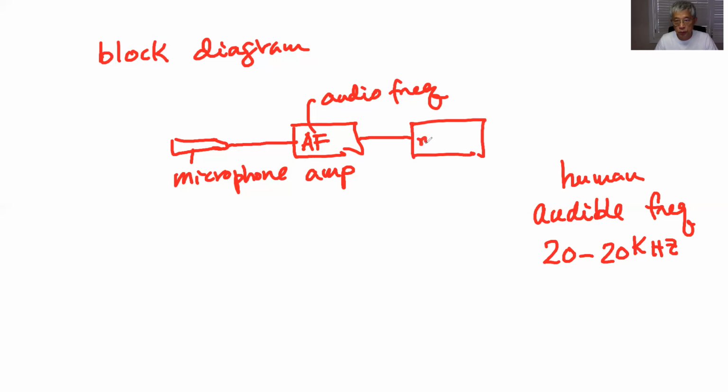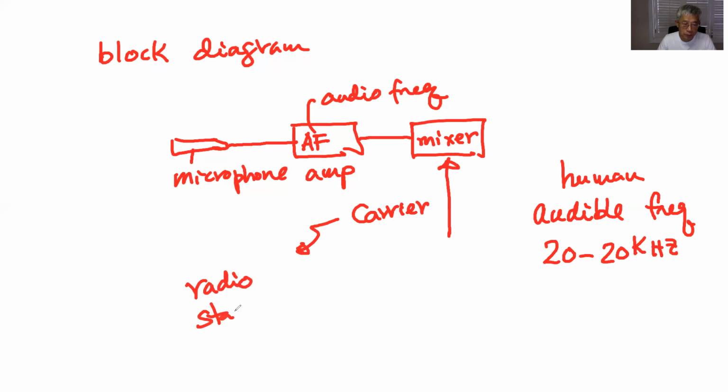So you mix two things together. What do you mix? You mix this carrier signal. The carrier is referring to the radio station's frequency, right? For example, radio station 570.